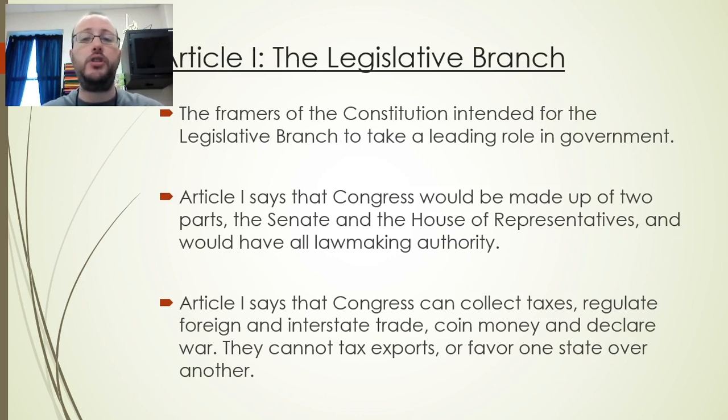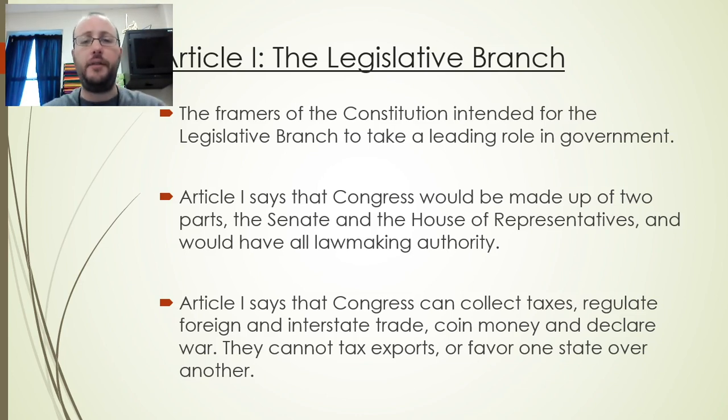The framers of the Constitution intended for the legislative branch to take a leading role in government. Article 1 says that Congress will be made up of 2 parts, the Senate and the House of Representatives, and would have all lawmaking authority. So the first article establishes Congress as a leading role in government, and that it would have 2 houses, the Senate and the House of Representatives, and that they will be the ones that make all of the law.